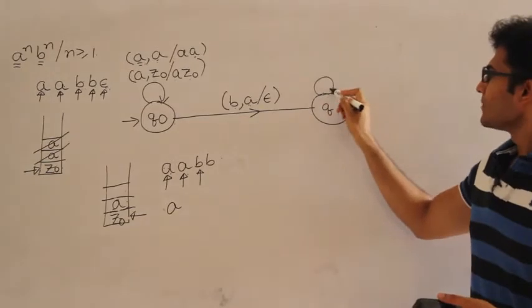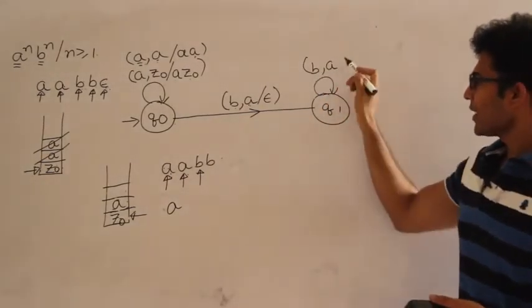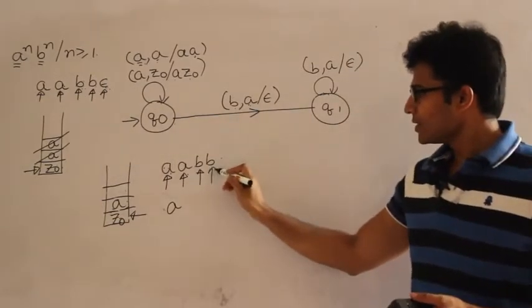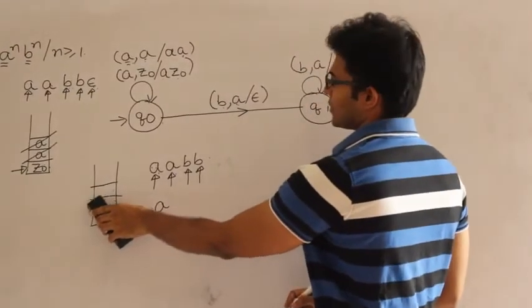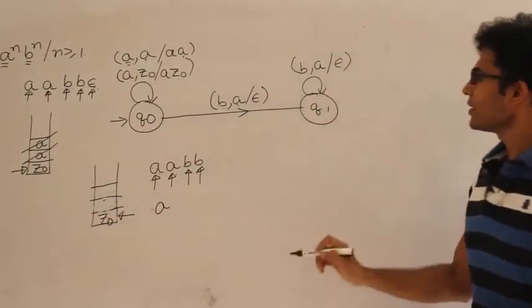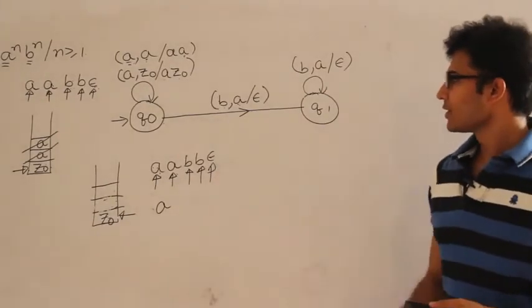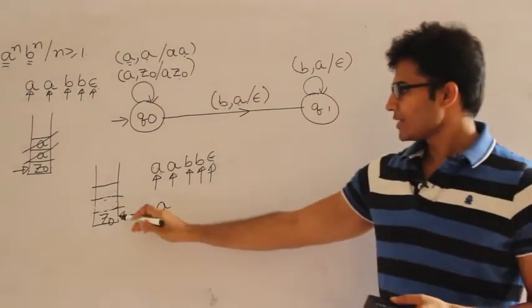And now I will be in state Q1, and in this state Q1, as long as I see B and small a is on top of this stack, I'll keep on popping it, which means if I see next B and small a is on top of this stack, I'm not going to push anything. That is by epsilon, right? So finally you are going to see epsilon, and then top of this stack is Z0.